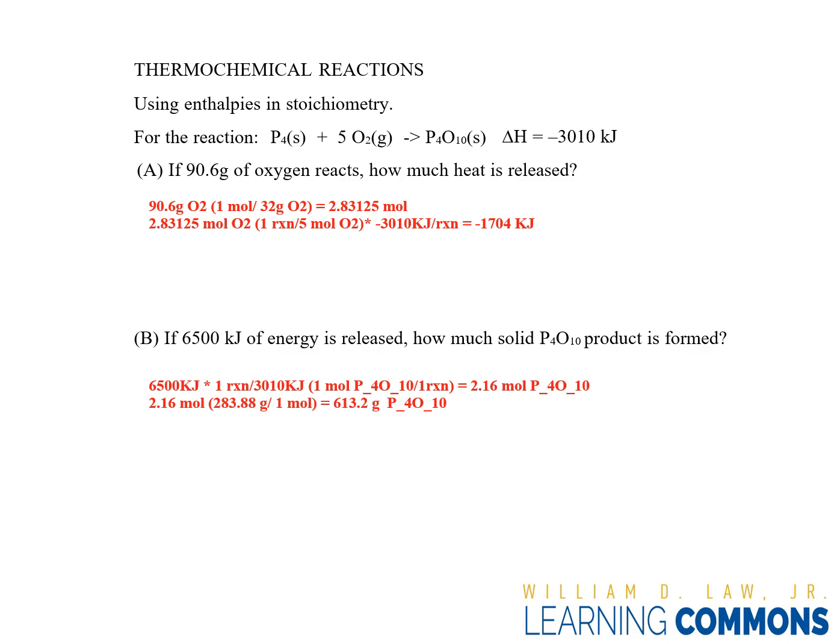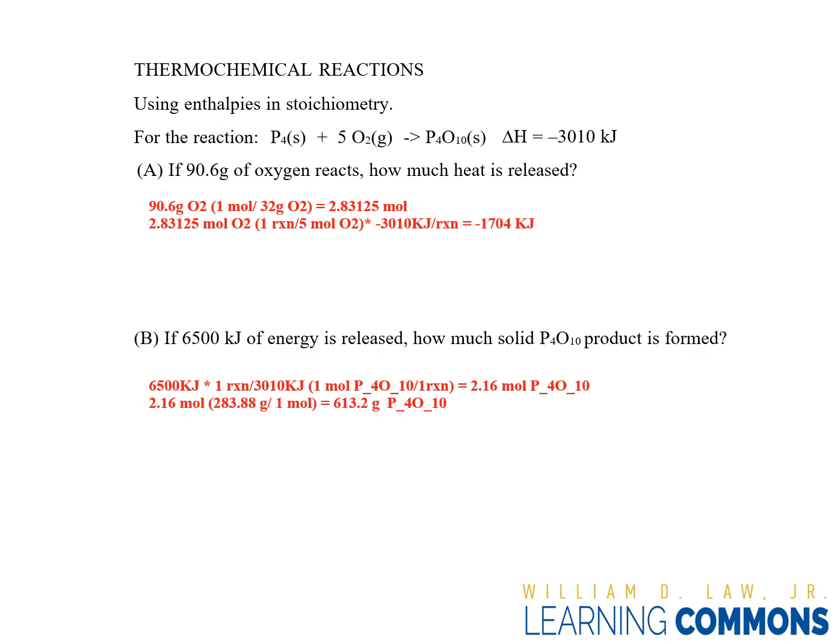And for part A, it says if 90 grams of oxygen react, how much heat is released. Here we have to convert the grams of oxygen to moles: the grams given to me multiplied by the mole, and this is the number from the periodic table.